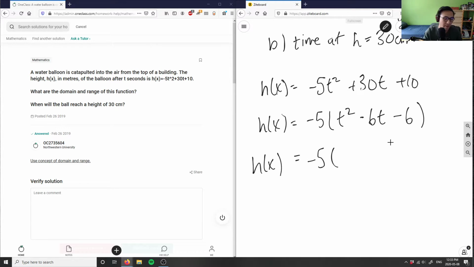Let me see if this is factorable. I would have to actually use the quadratic formula to give me the intercepts here, because it's actually not factorable. I thought this was a 5 here, so it's not factorable.